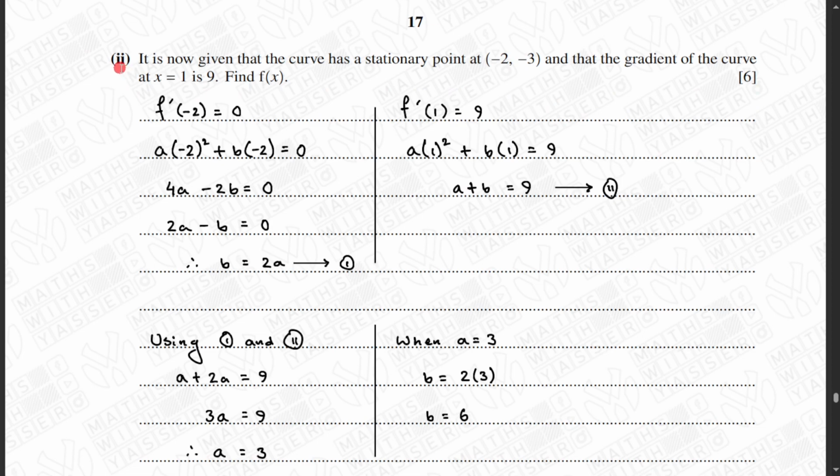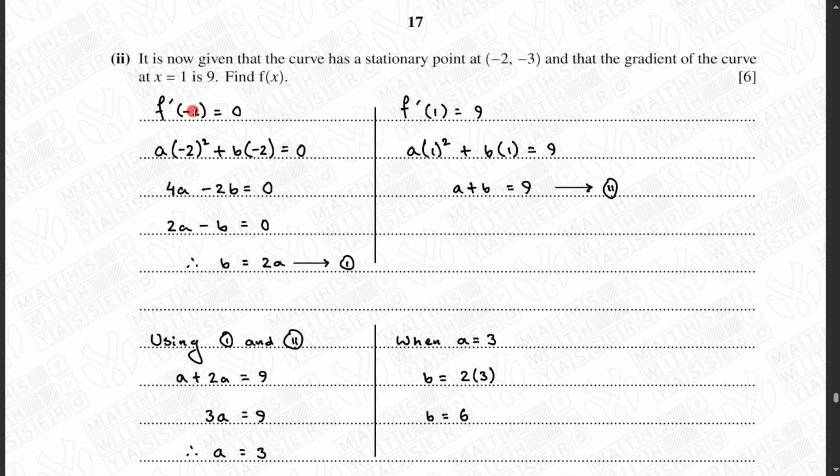In the second part of the question, it says that it's given that the curve has a stationary point at (-2, -3), and the gradient of the curve at x equals 1 is 9. We need to find f of x. For the stationary point, f prime of -2 must be equal to 0, because the stationary point occurs at x equals -2.